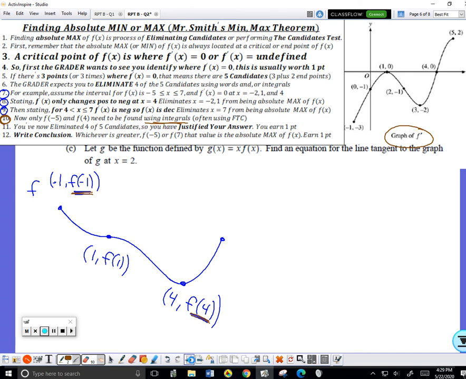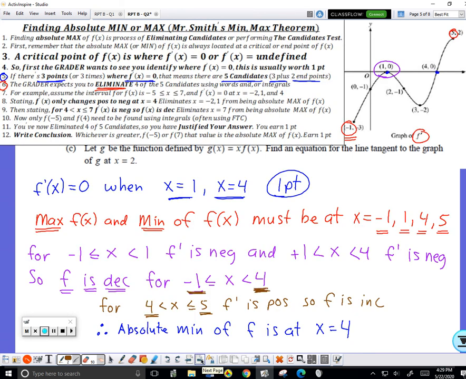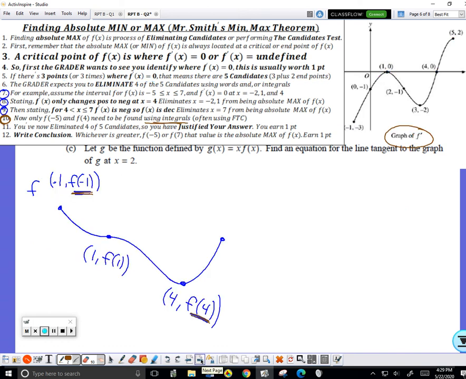So far I would have earned 1 point for correctly identifying this statement here, f prime. I would have earned a second point right here for correctly finding the absolute min. And if I'm feeling stuck, I'm going to move on. But since I'm showing you how to do it, we'll keep going, of course.